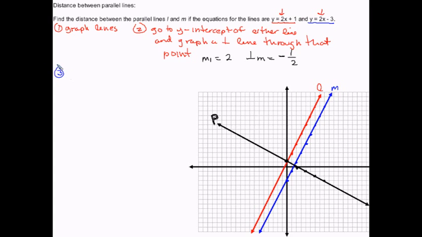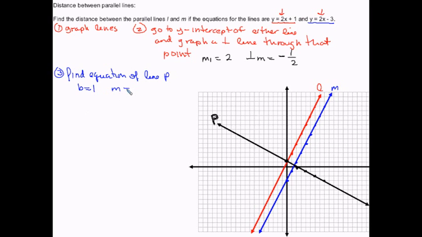Step 3 is to find the equation of line P. Well, that's not too bad because we already know what y-intercept we chose. We chose either y-intercept. We chose 1. So we know that b is equal to 1.